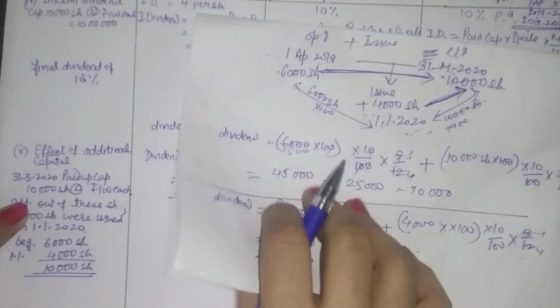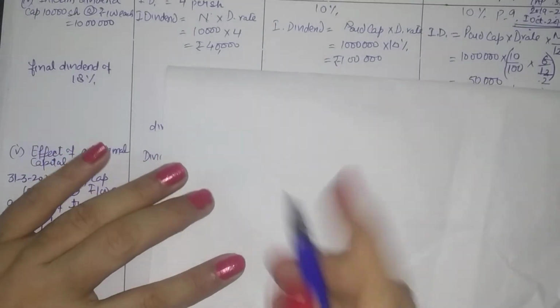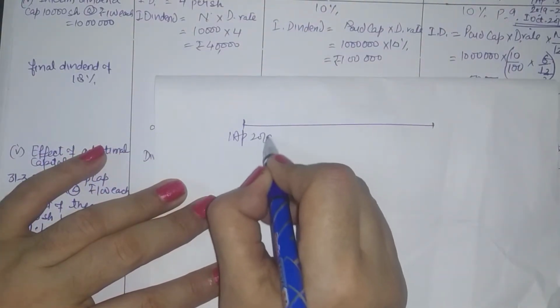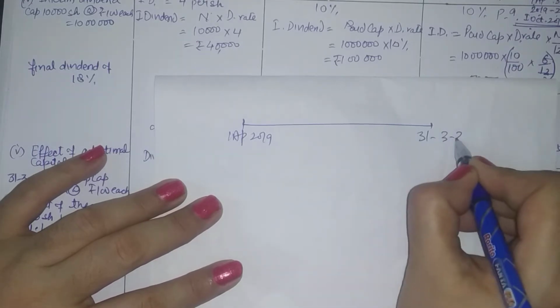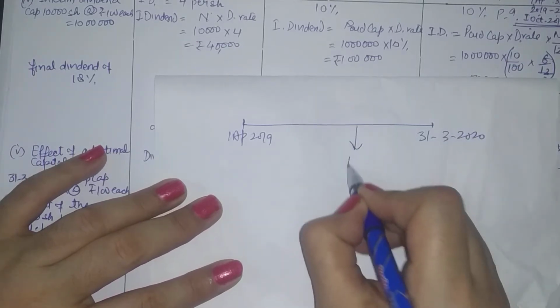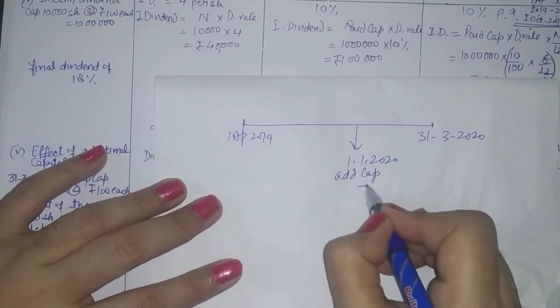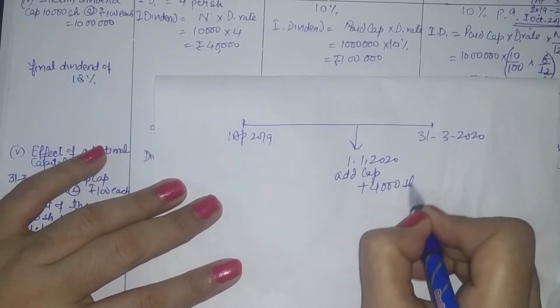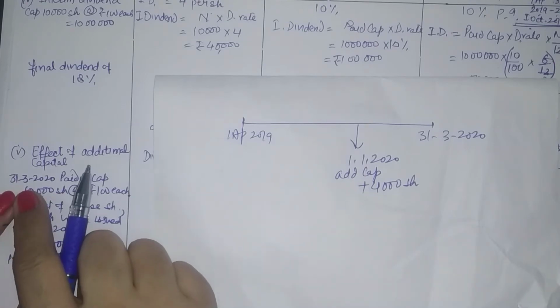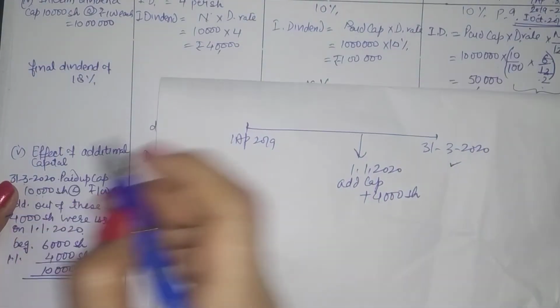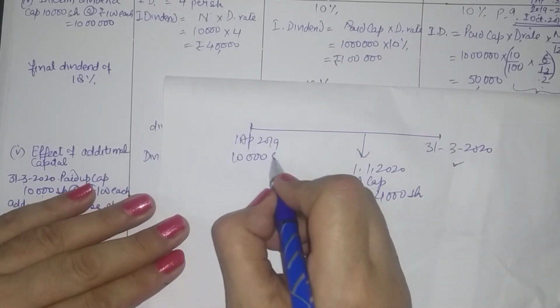Now if it is given on 1st April 2019, when I am making this timeline, 1st April 2019, 31st March 2020, on this 1/1/2020 additional capital being issued, 4,000 shares. So if it says 31st March, I will put the amount here. If it says 1st April 2019, I will put it here.